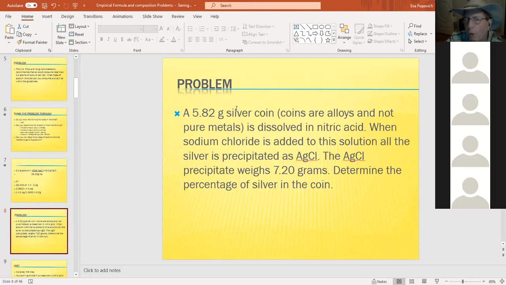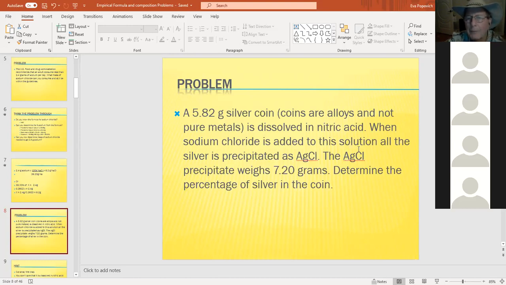So all the silver in the silver coin was reacted to make silver chloride. Does that help you a little bit? Yeah, it does, because that's a relationship. So then you could just take the atomic weight of silver chloride, and then find out what relationship they have together.